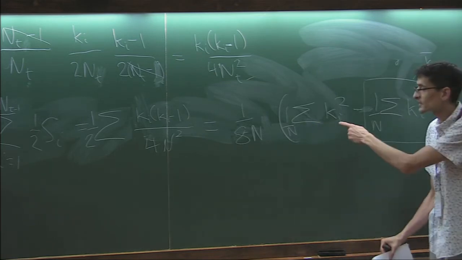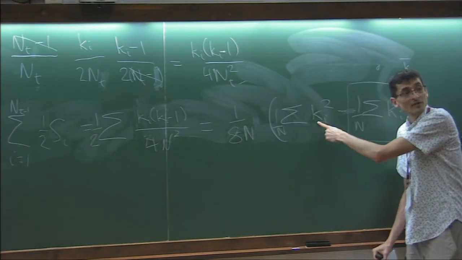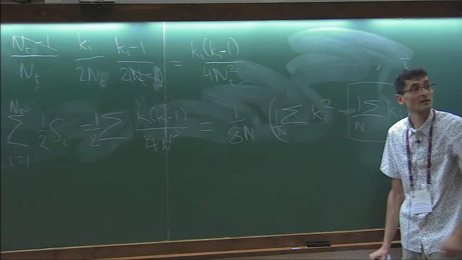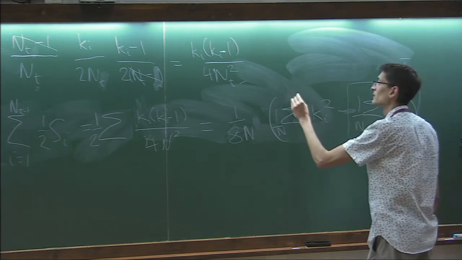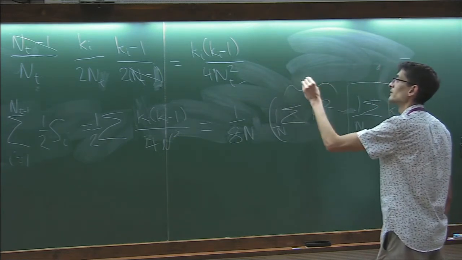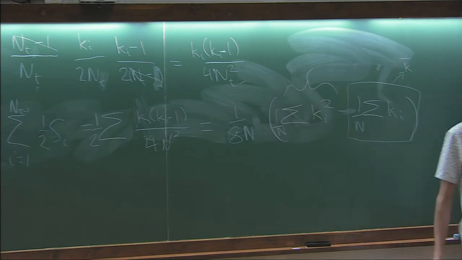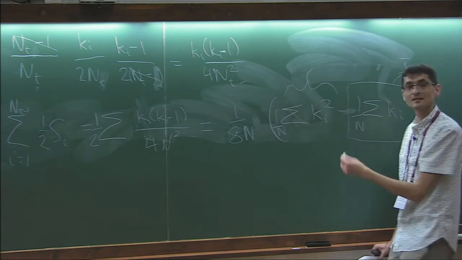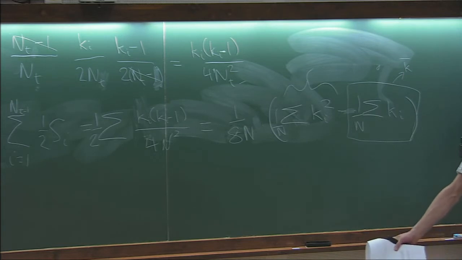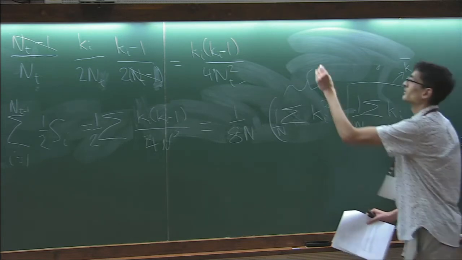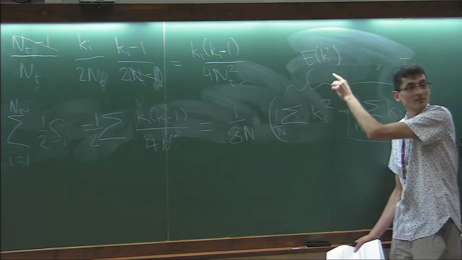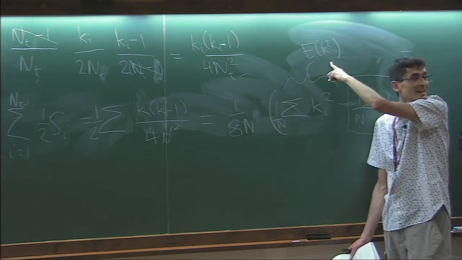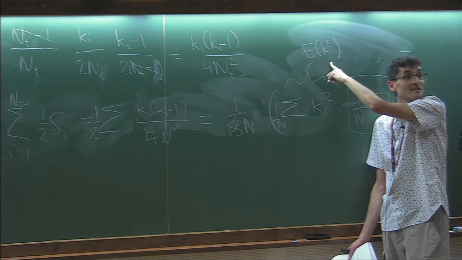This is adding up all the squares, dividing by n. So what that is, any idea what that is? That's the average of the squares, right? Or it's the expected value of the squares. Have I ever written anything like that before in any context?